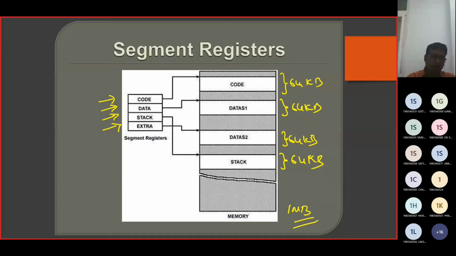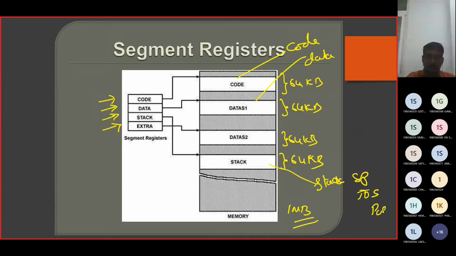The code segment holds code. The data segment holds data. The stack segment maintains the stack with the SP, top of the stack, push and pop.